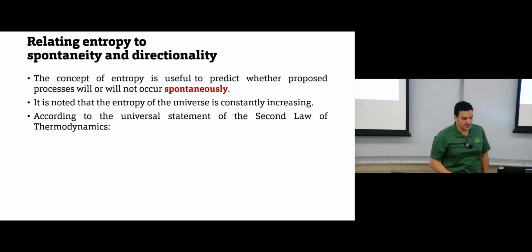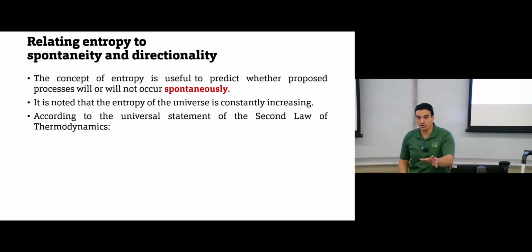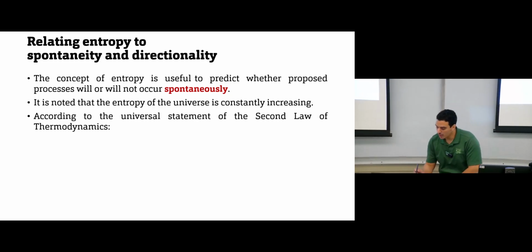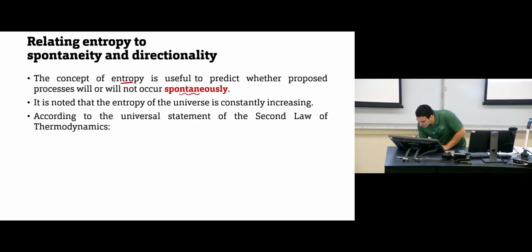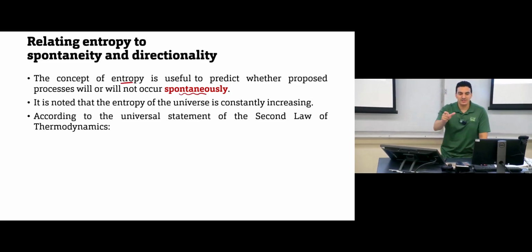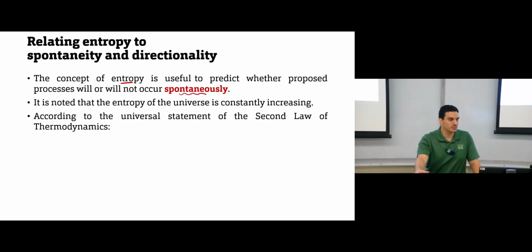This statement says that for a process to occur spontaneously, the entropy change should be positive. So now entropy is related to whether a process is spontaneous or not. And this is the shortcoming we have in the first law of thermodynamics. Do you remember? The first law is related to energy transfer, energy conversion from one form to another, but it doesn't give you any idea of the direction of the process.